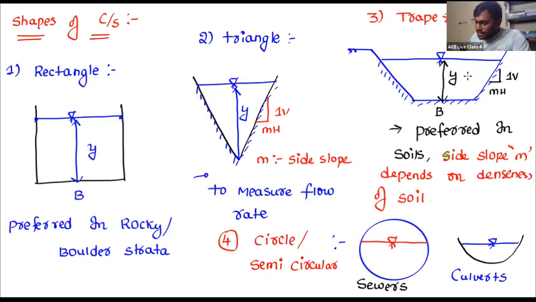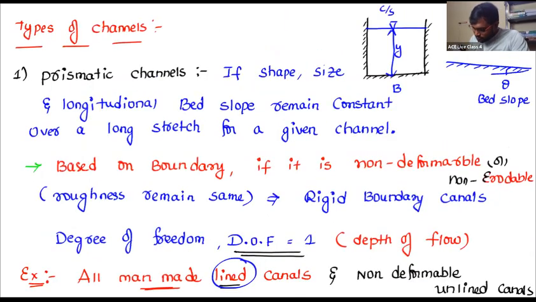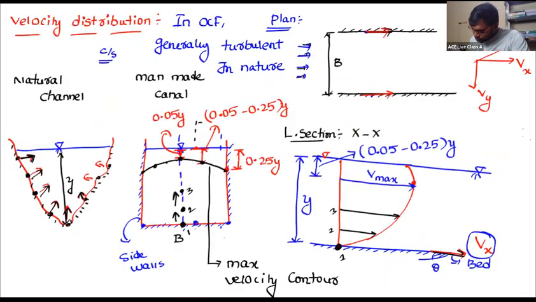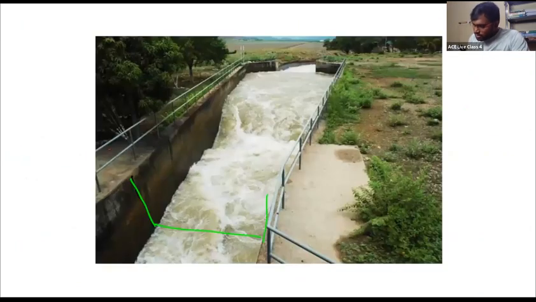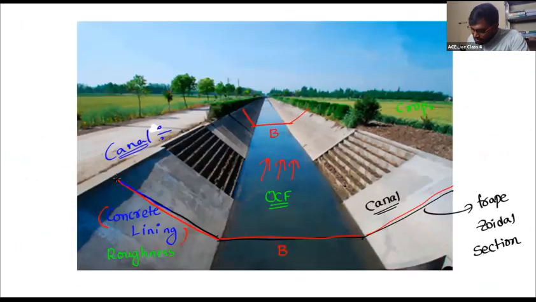Where we are going to provide the lining, you see. You can observe, this is nothing but the boundary, right? And this is nothing but the wetted perimeter, the total length, B plus the side slopes. So you can provide the lining at the base and lining at the sides.